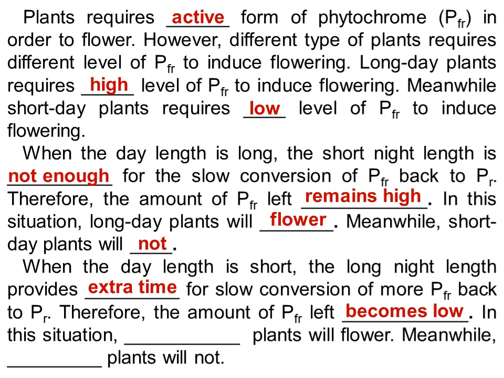Why? Because the night is long, even though PFR is converted to PR slowly, there is enough extra time for the PFR to convert to PR. As a result, the PFR left decreases. In this situation, the short day plant will flower, while the long day plant will not flower.